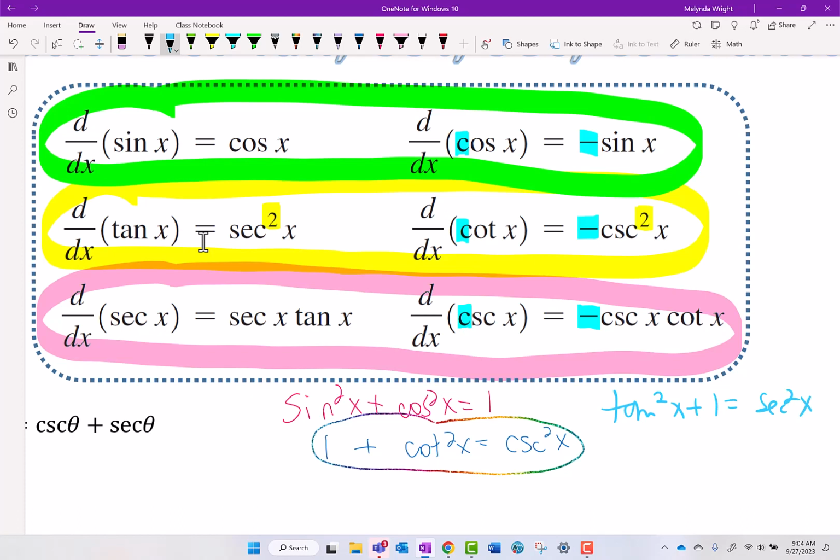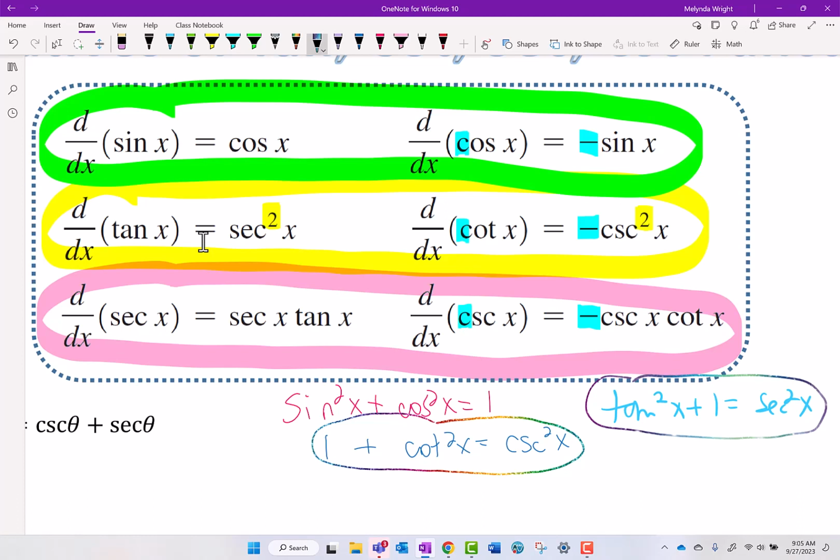And again, see how I've got tangent squared and secant squared paired together, and I have them paired together as derivatives as well. So maybe they're best friends or something. They appear in multiple different ways. Hopefully that will help you solidify in your brain which ones go together.